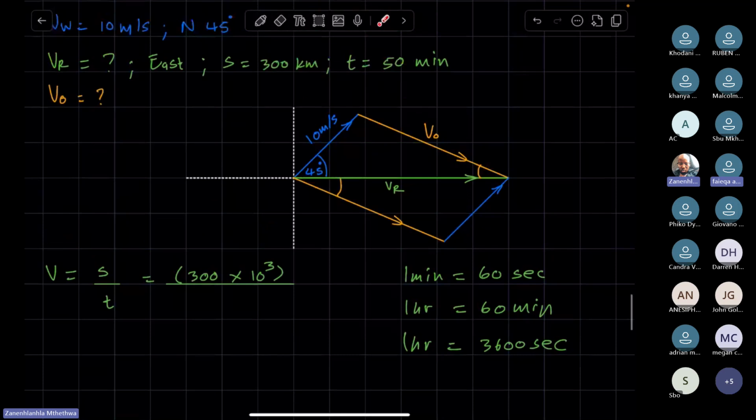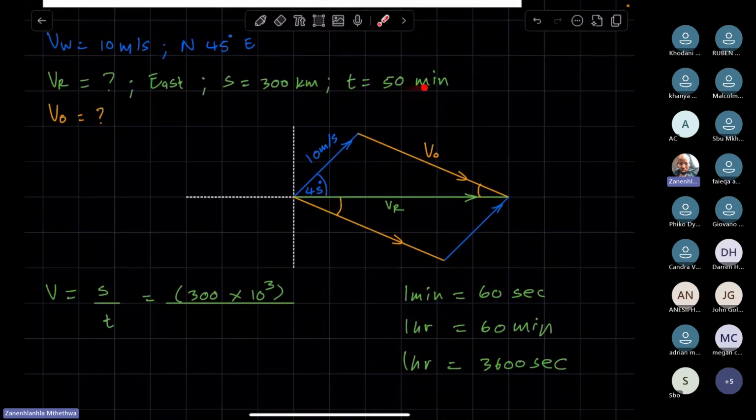Now we are given the time in minutes. So this is what we have, and this is what you're looking for. Because this is what you have, from here to there, you simply multiply by 60. 1 minute is equal to 60 seconds. So to convert from minutes to seconds, you simply multiply by 60.